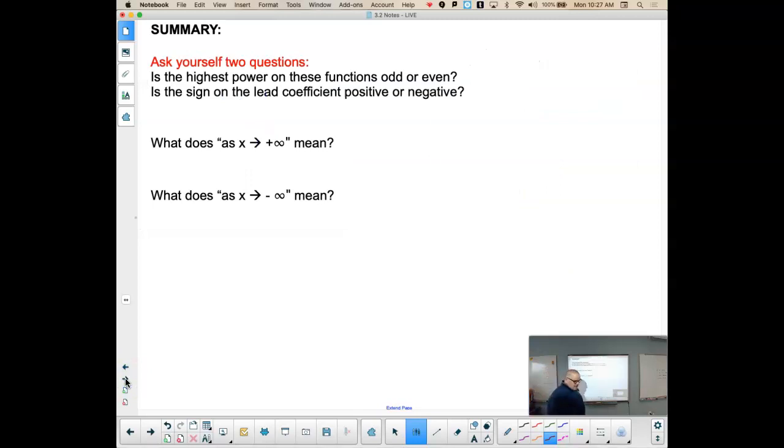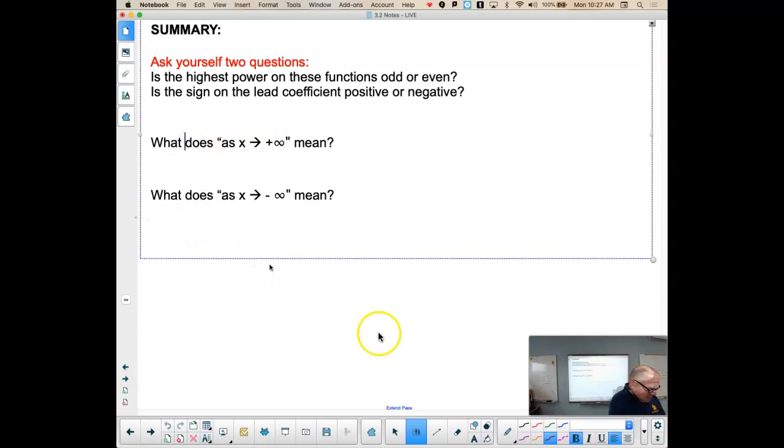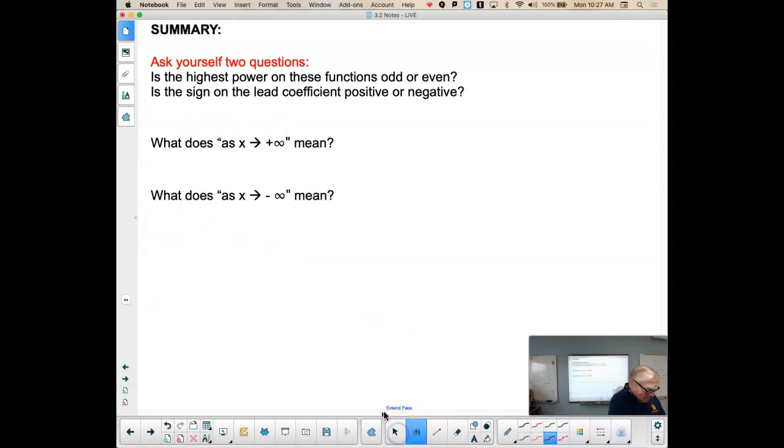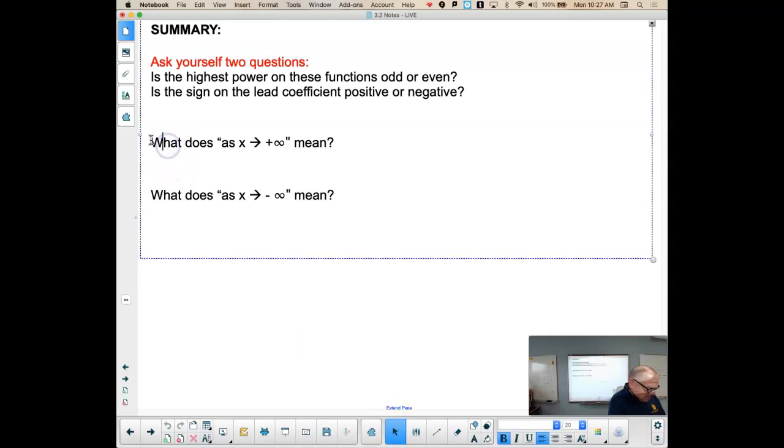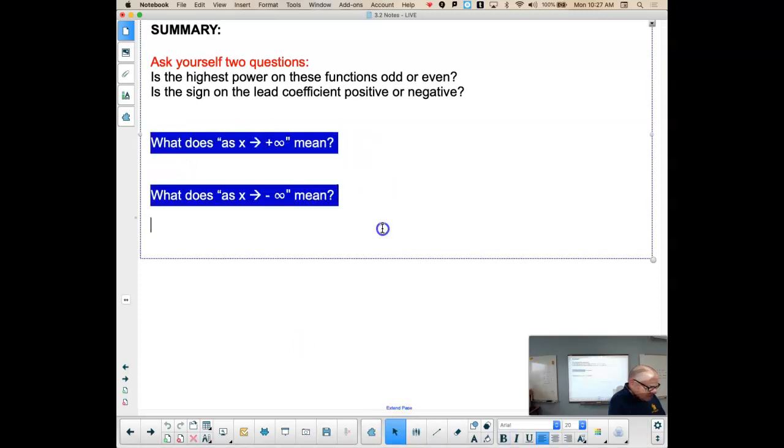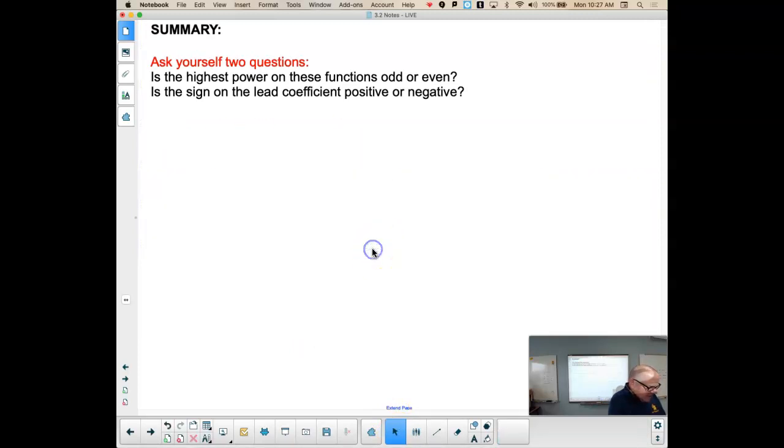So in summary, you have to ask yourself 2 questions. Actually, I can get rid of these 2 because we already talked about what those mean. The first question you should ask yourself is, what is the highest power, odd or even?